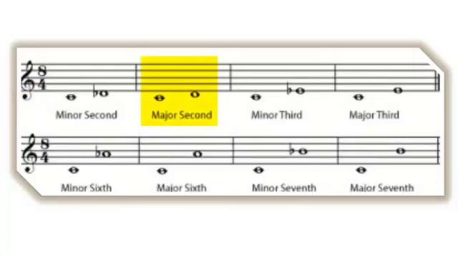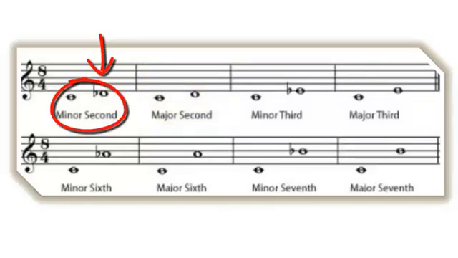In the key of C major, C to D would be a major second, because D is part of the C major scale. If we lower the D by a chromatic semitone to D flat, then we have a minor second from C to D flat.